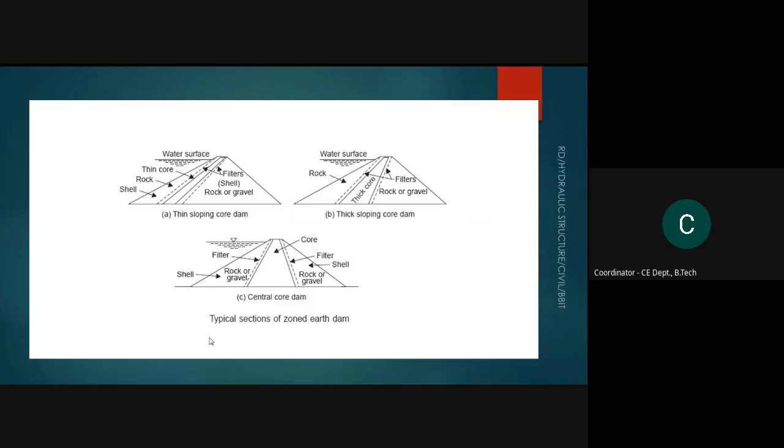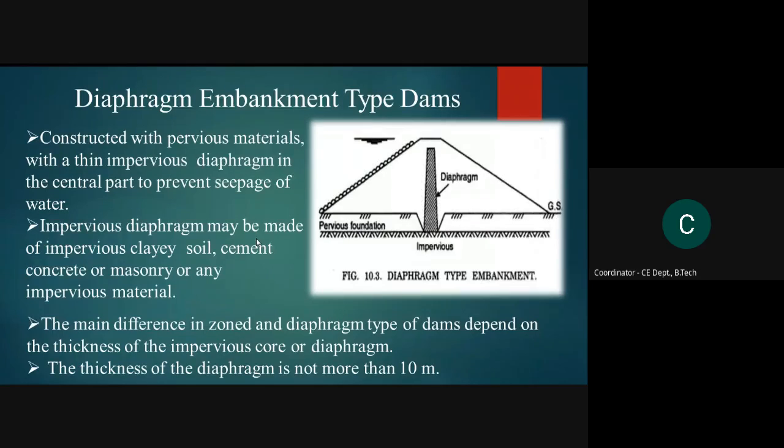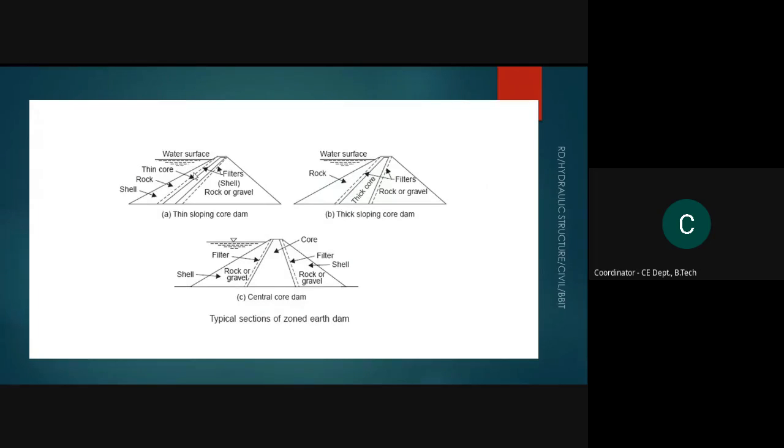So this is the picture. Here, as you can see, this is an earthen dam. These are the three types of earthen dam, where this is a zoned earthen dam. In picture A, the central core is much thinner. It is not that thick, and it is provided in an inclined way.